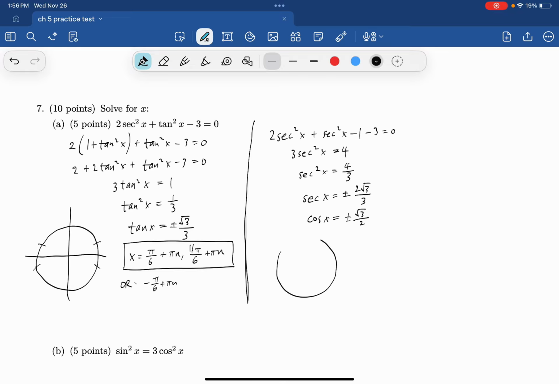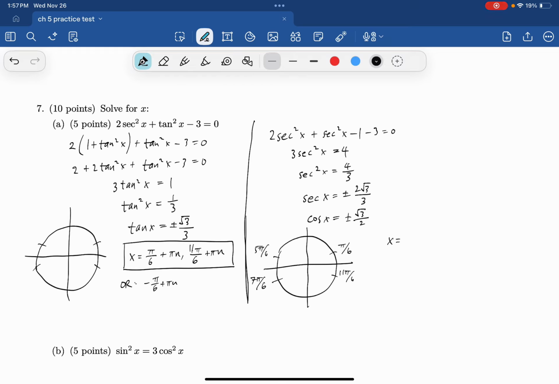That is going to give us the exact same set of solutions. Right, looking for those points with x coordinate either positive root 3 over 2 or negative root 3 over 2.